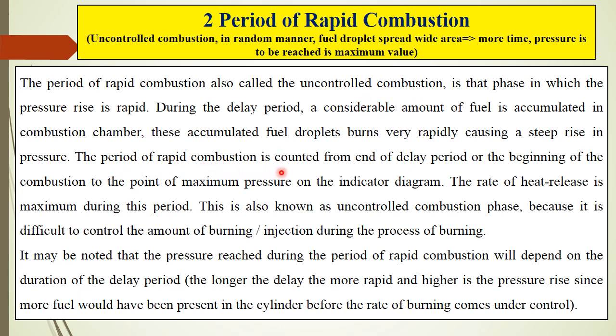The period of rapid combustion is counted from the end of the delay period, the start of combustion. This is known as the uncontrolled combustion phase, because it is very difficult to control the amount of burning or injection during this process, since fuel is already admitted inside the combustion chamber and the injection process is still going on.